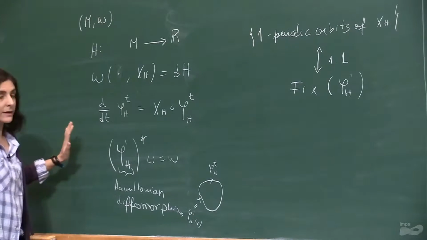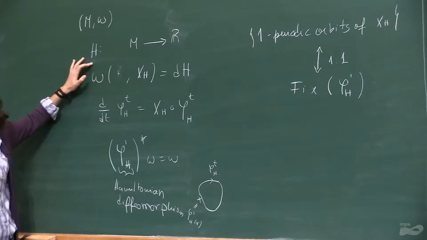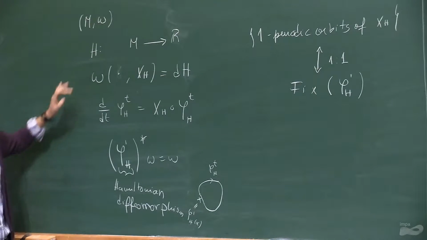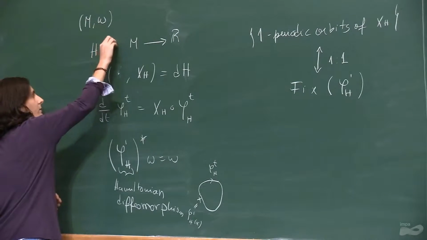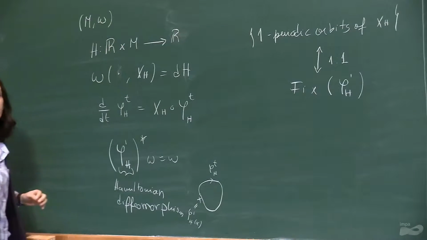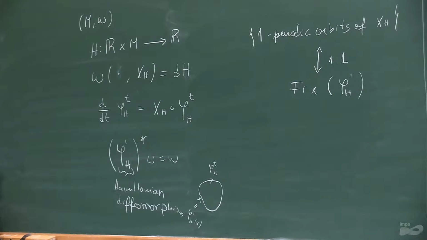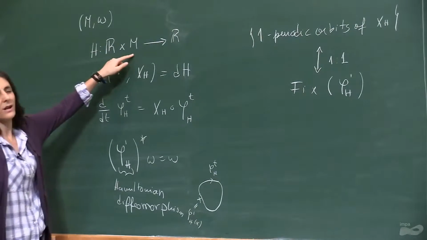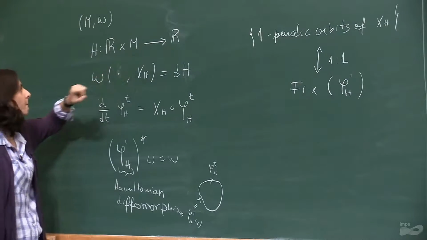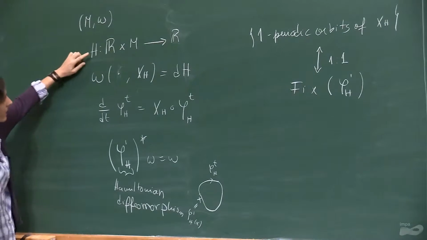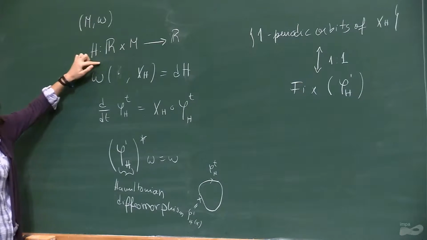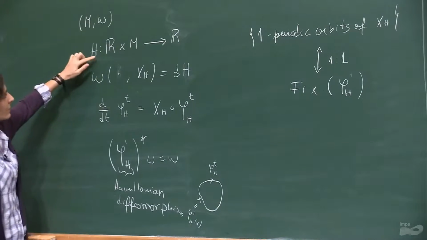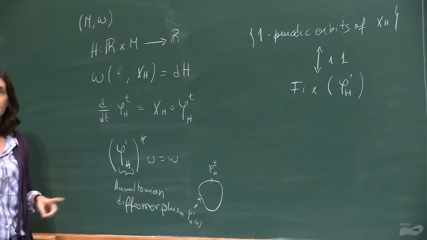Okay, so in fact here we'll work with Hamiltonians which depend on time. So actually our Hamiltonians will be defined here on R cross M. If needed, I'll assume that M is compact, okay? And also this Hamiltonian will be one periodic in time.